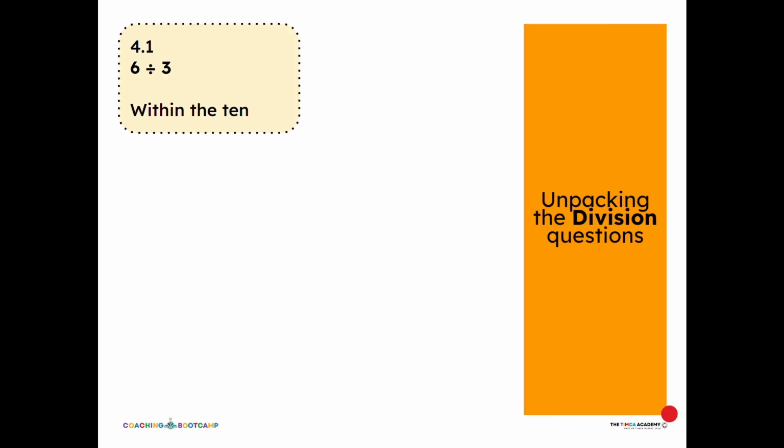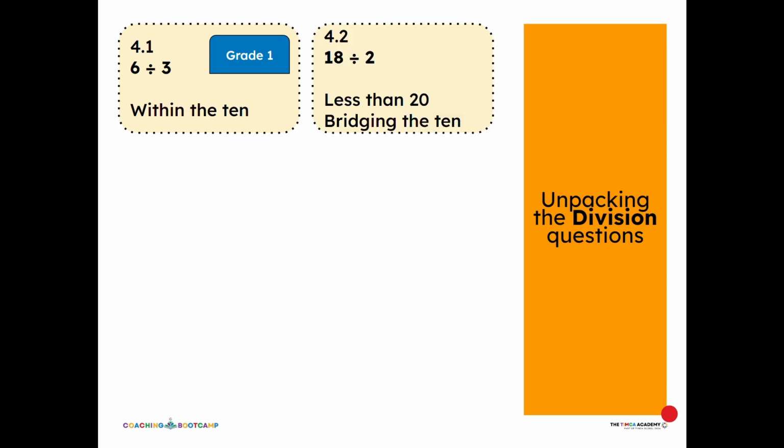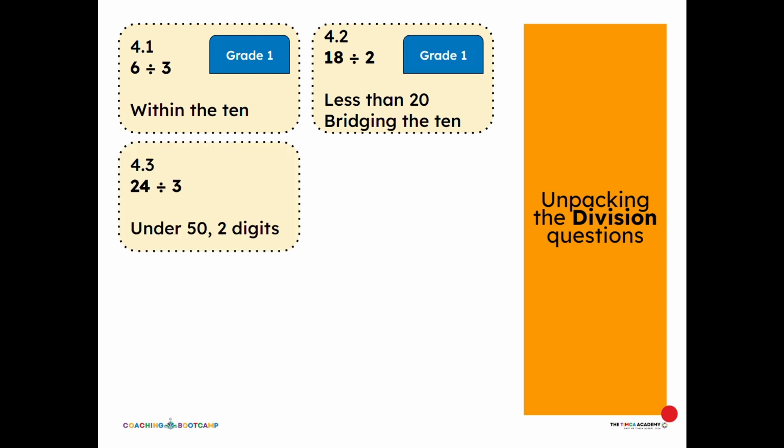And the division, similarly, 6 divided by 3, we're working within that first 10 again, grade 1. 18 divided by 2, we're now working into the 20s, but we're bridging over the 10 all the time. This is grade 1 again.